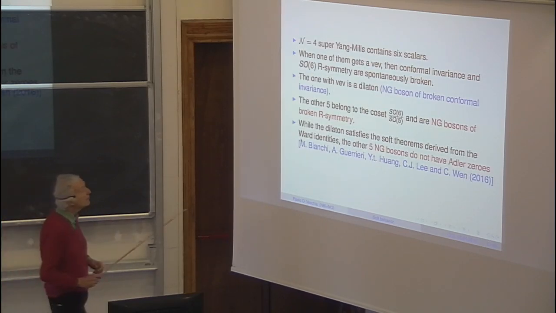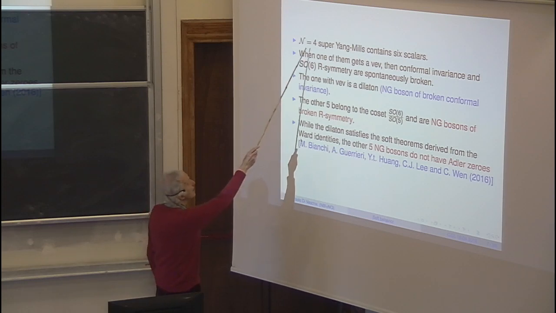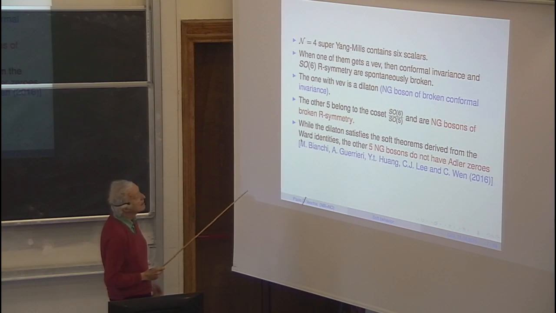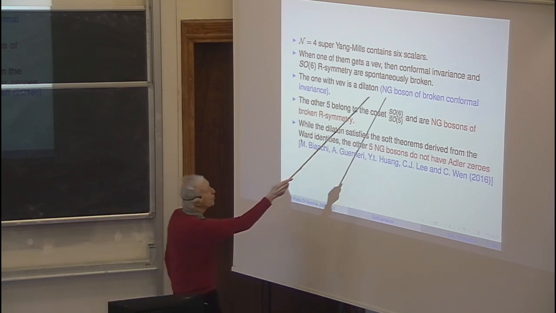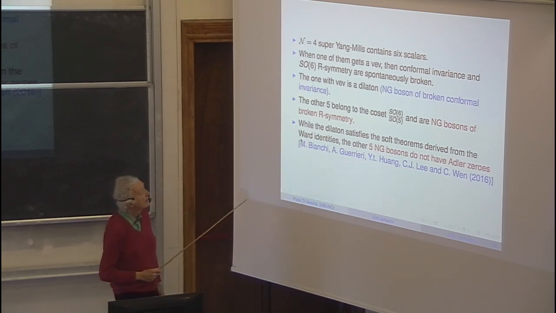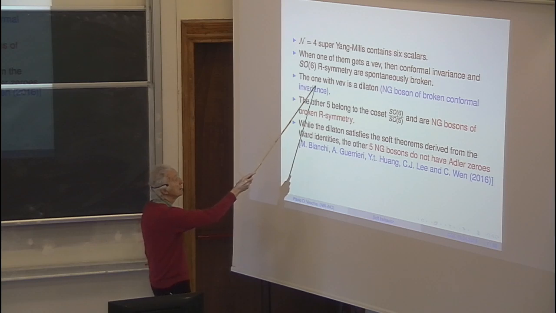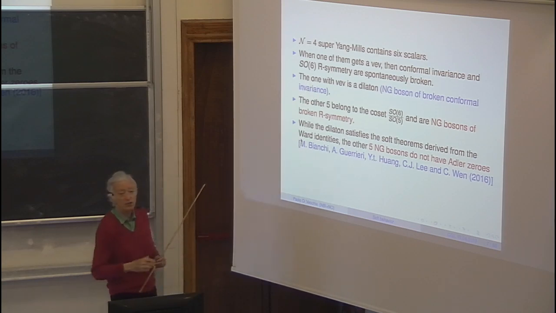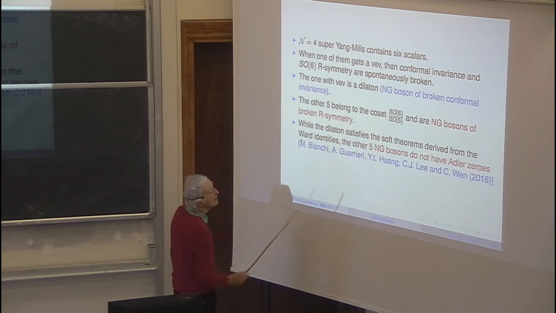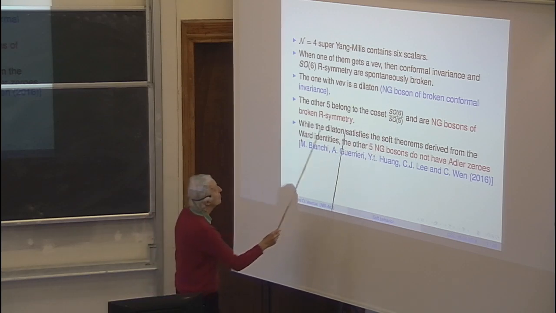And in the case of N=4, you have 6 scalar fields, and one of these scalar fields gets a vacuum expectation value. You go to the Coulomb branch, and in this case, both the conformal symmetry and the R symmetry are spontaneously broken. The dilaton is the object which has the vacuum expectation value, and the other 5 fields belong to the coset, and these are the Goldstone bosons of the broken R symmetry.